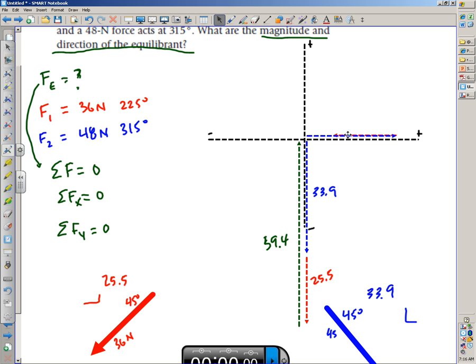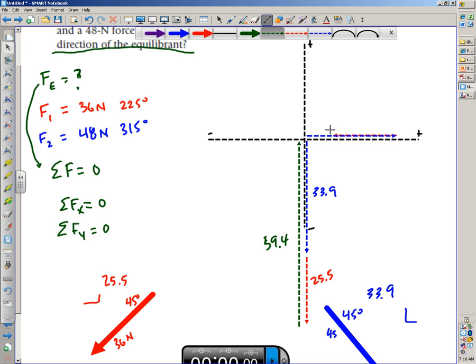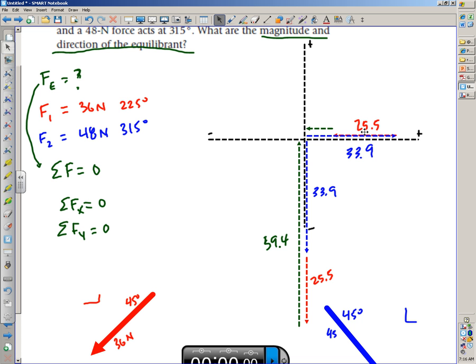Therefore, my green horizontal component, in order to produce equilibrium on the x-axis, I only have to make up this much of a difference. And I can figure out how much that difference is because I know that the blue one is 33.9 and the red one is 25.5. So in this case, because they point in opposite directions on the x-axis, I'm going to subtract and I'm going to find out that my green one only has to be 8.4.